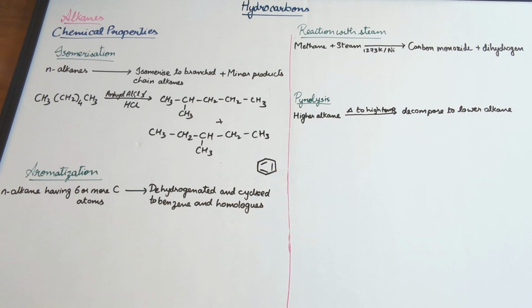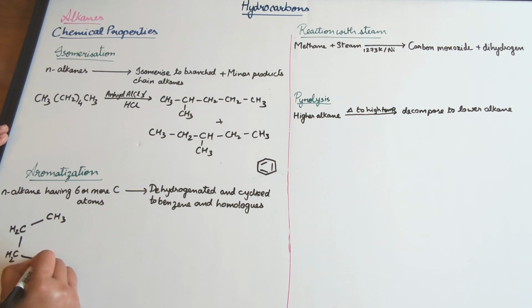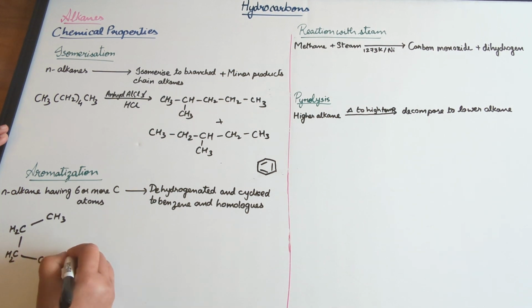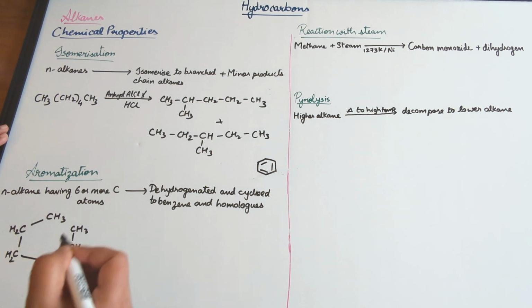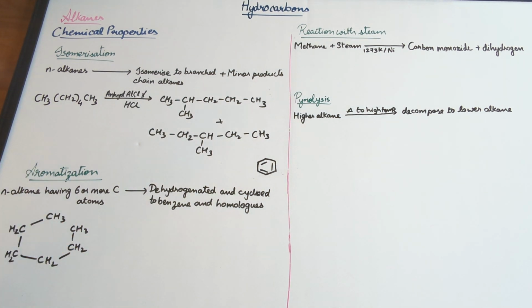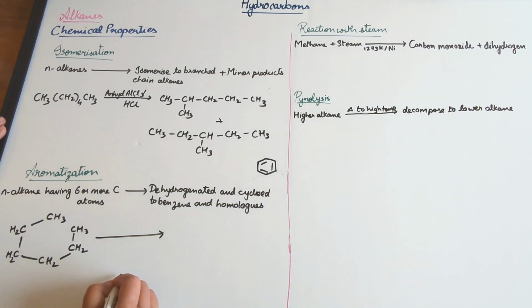So the first one, we're taking n-hexane, which is CH3, CH2, CH2, CH2, CH2, and a CH3. Now this particular compound is undergoing a chemical reaction, and the conditions are many.